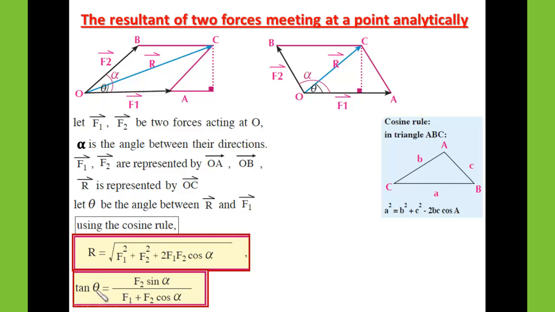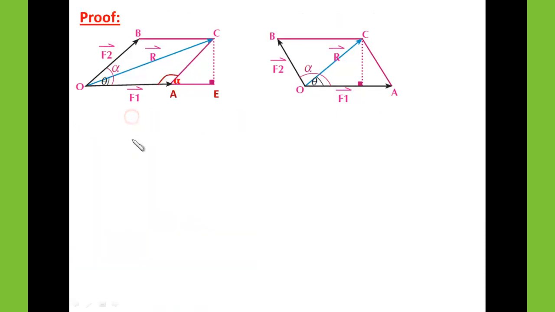So tan theta equals F2 sine alpha over F1 plus F2 cosine alpha. Again, theta is the inclination angle between the resultant and F1, and we'll prove it. We'll complete the figure, adding some information on it.